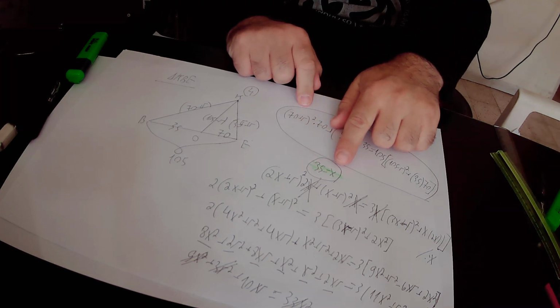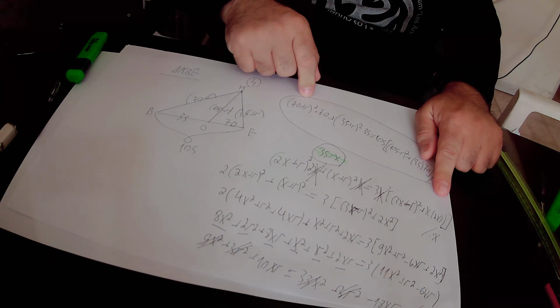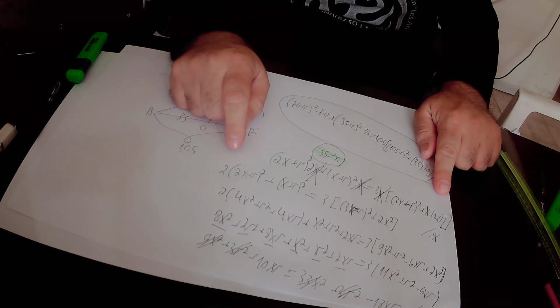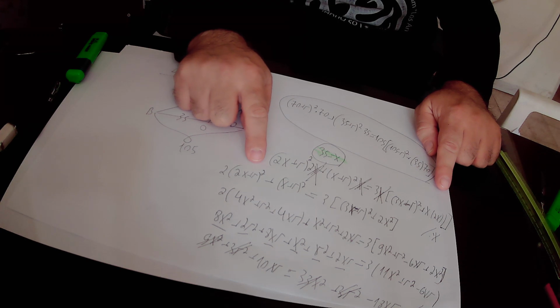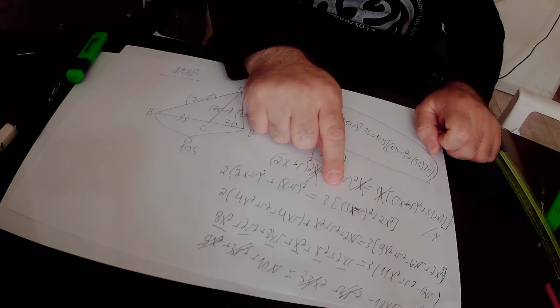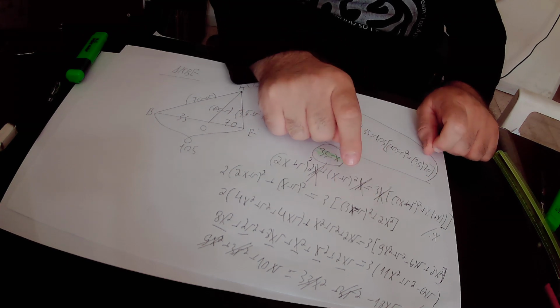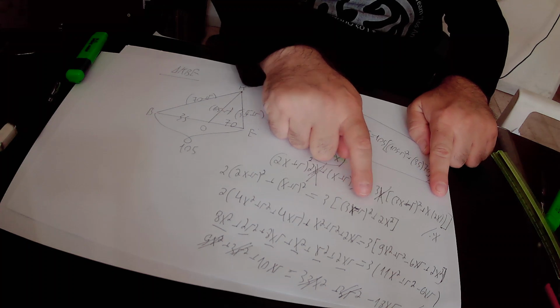Here we divided this equation by x. After we divided by x, we found out that 2 times (2x plus R) squared plus (x plus R) squared equals to 3. And inside the brackets we have (3x minus R) squared plus, here we have x times 2x, which is 2x squared.